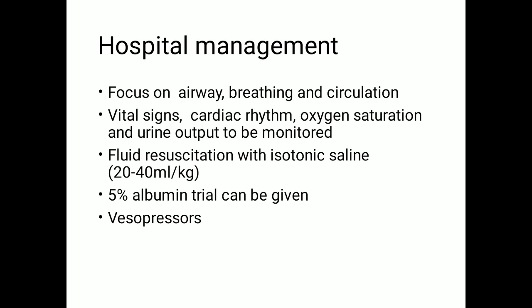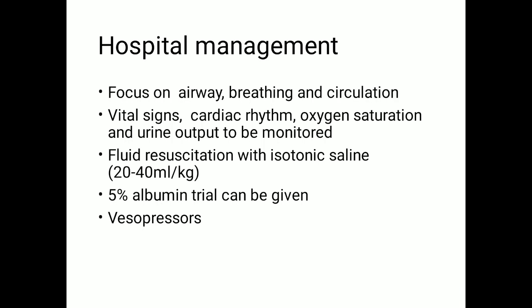Fluid resuscitation with isotonic saline, around 20 to 40 ml per kg IV infusion, needs to be started if there is any hemodynamic instability. Otherwise also you can start with intravenous isotonic saline. Then if he is not responding to saline infusion and his BP is not responding, give a trial of 5% albumin, 10 to 20 ml per kg IV infusion.